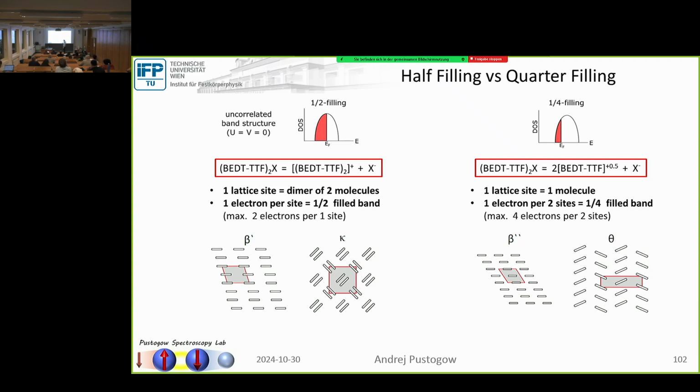So on this lattice site there could be at most two electrons, so it's half-filled. If we have individual molecules, due to the chemistry, each molecule must have plus 0.5 charge, and this means that you have half a charge per one site or one charge per two sites, but you could have for two sites up to 4 charges, so you have only 1/4 filling.